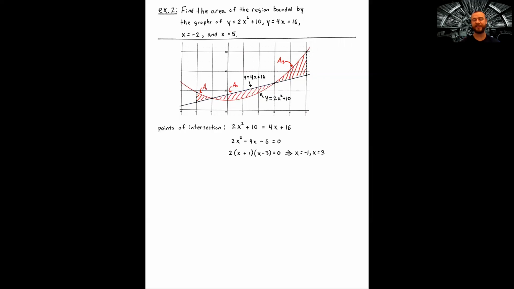So what we determined is within the interval -2 to 5, that's the larger or total interval, there are two intersection points for the curves. So if we have two intersection points within an interval, we have to split the bigger region into 3 different parts.